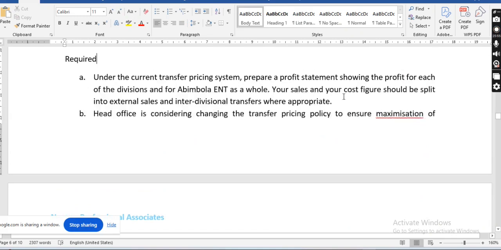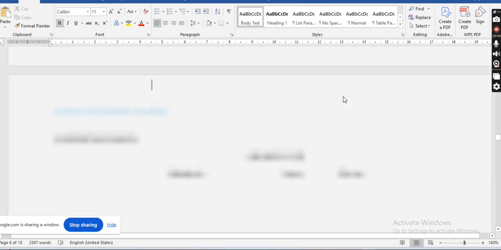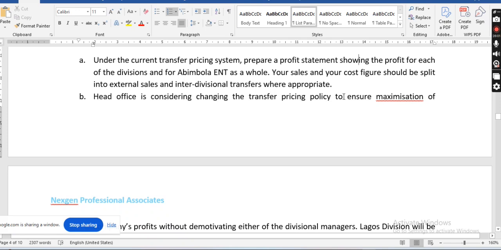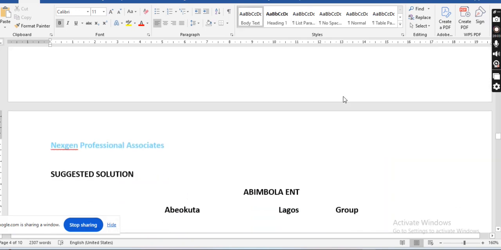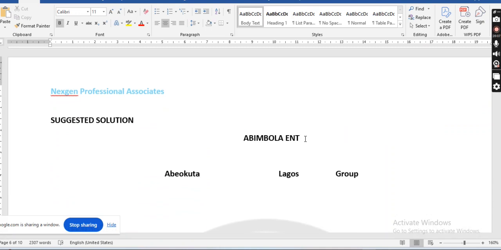Okay. What is the required? Statement of profits. Statements of profits for the two divisions.